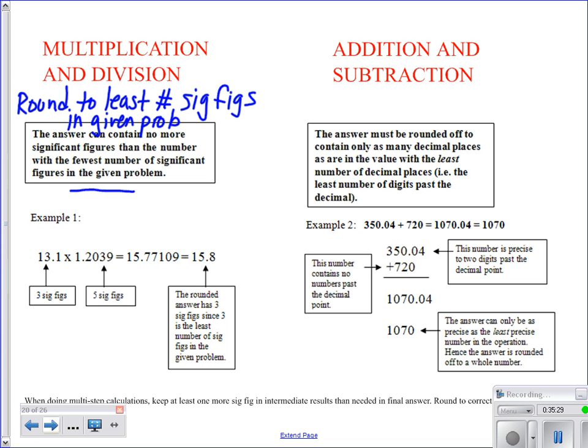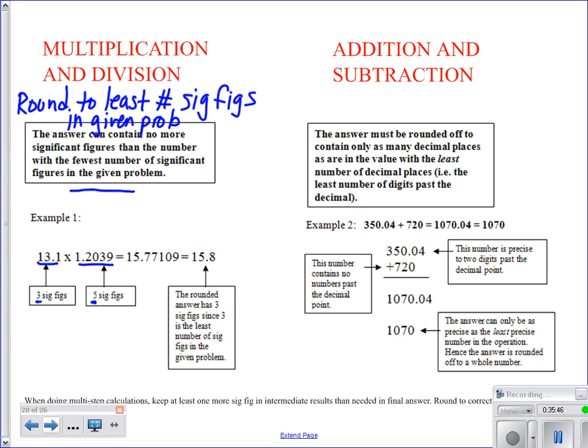All that means is you just need to know how to count significant figures. So if I'm trying to do this math operation, 13.1 times 1.2039, I have to look at this and say, okay, in this one, I've got 3 significant figures. In this one, I've got 5 significant figures.